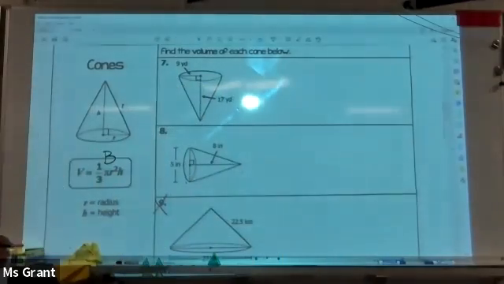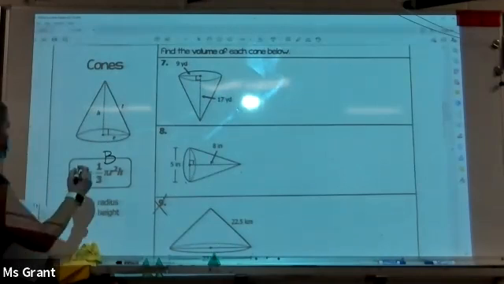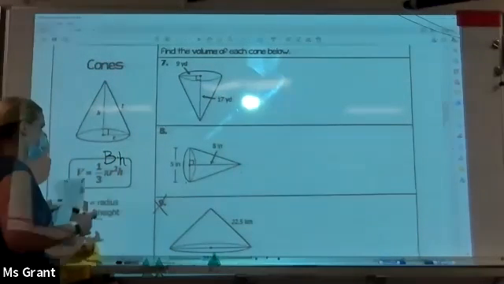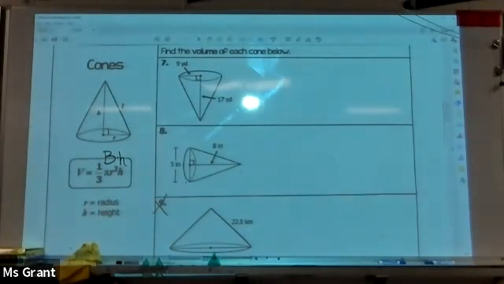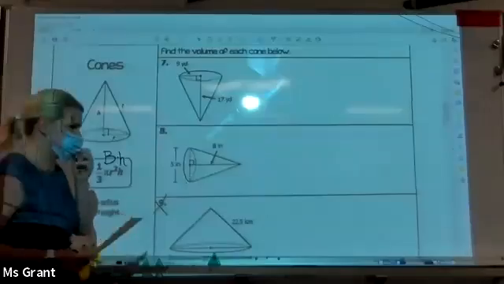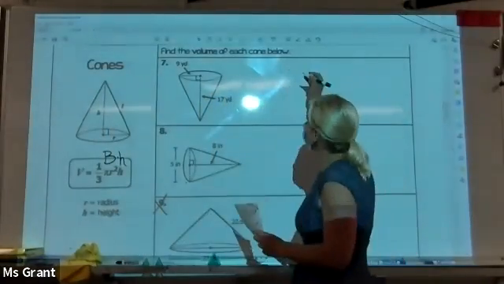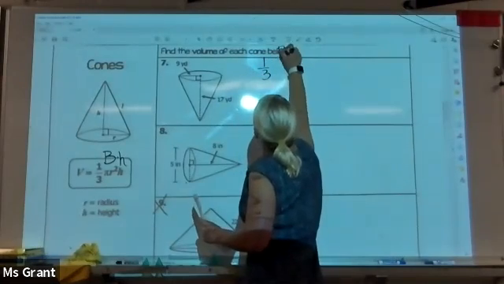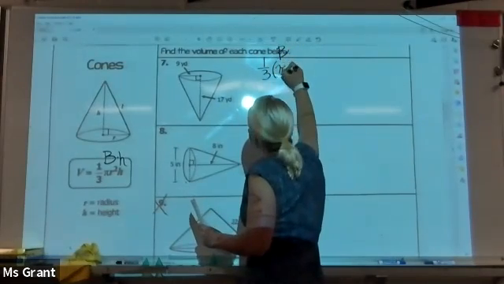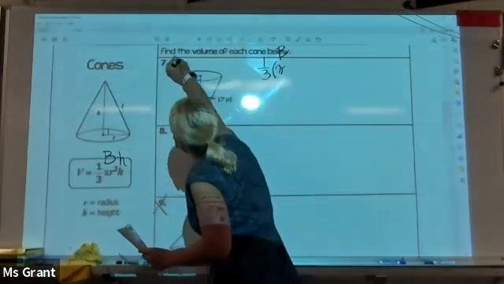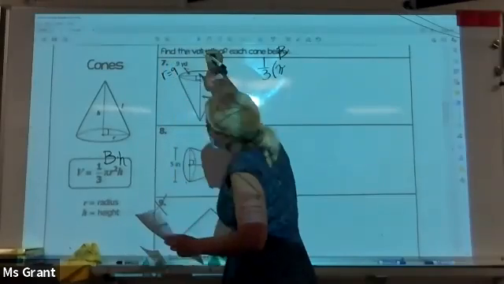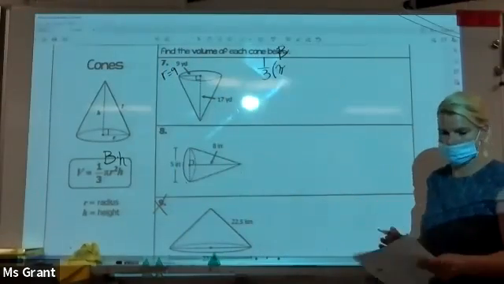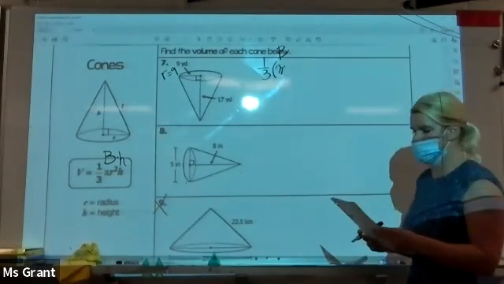So it's still 1/3 base times height, but my base is a circle, so that changes things. 1/3 the base, pi, radius, my radius is 9, squared.